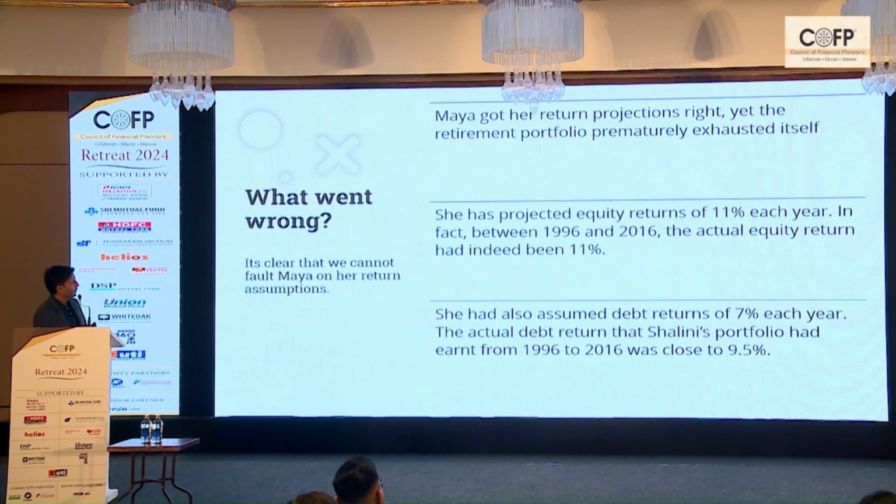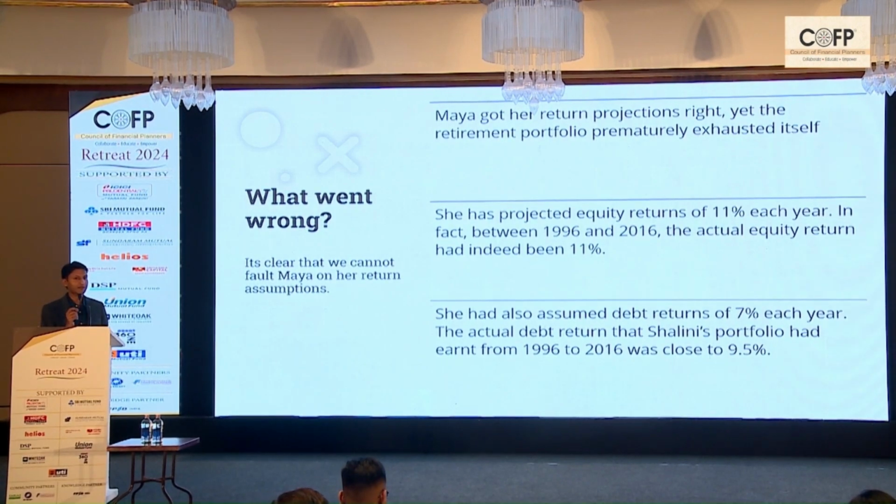Now what went wrong? If we look at the return projections, you cannot fault the planner for getting her return assumptions wrong. Maya had projected that equity will return 11%, and in fact between 1996 and 2016, the actual equity return had indeed been 11%. So she was absolutely spot on in projecting a return of 11% on equity.